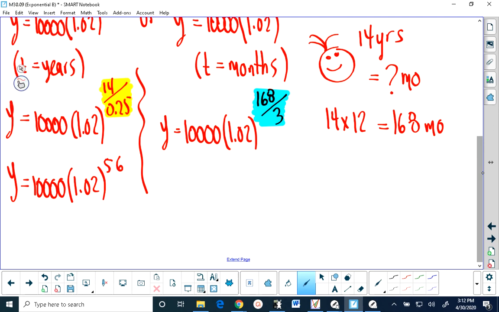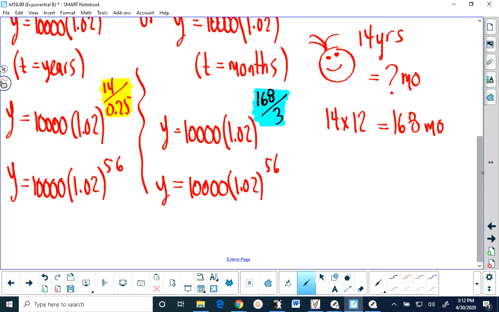And if you use the equation on the right, Elaine's investment will be y equals 10,000 multiplied by 1.02 to the 56. It doesn't matter which way you approach it. The bottom line is that exponent is 56. Because for the 14 years, no matter how you look at it, she will get 2% interest 56 times.